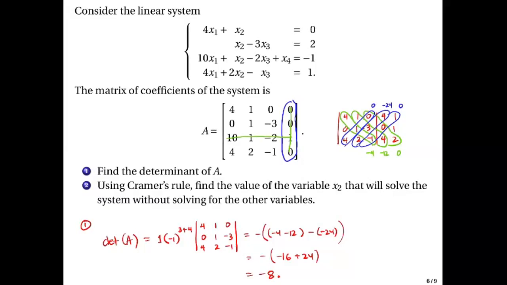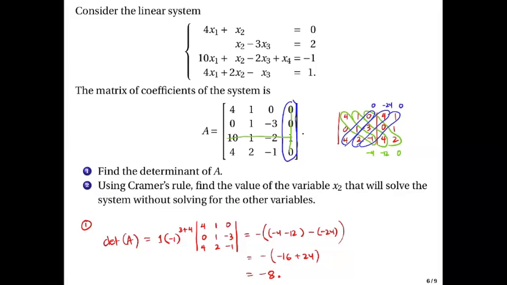Now, for number 2, we want to solve for the variable x2 using Cramer's rule. What we're going to do is replace this second column by the constant column in here.